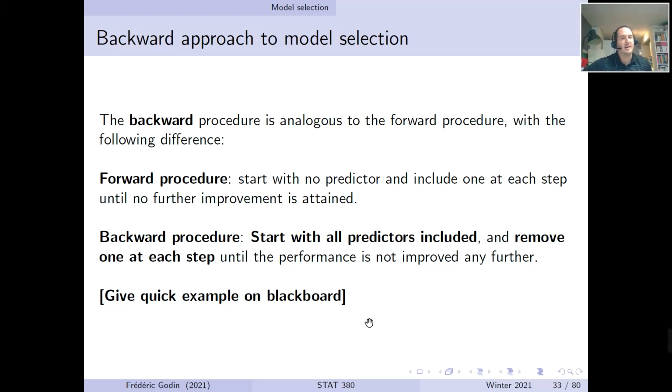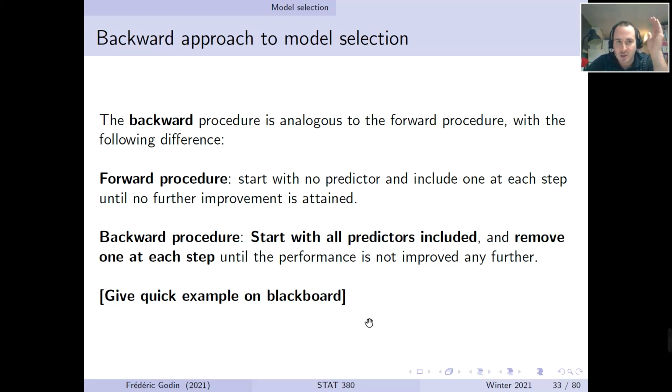But the basic idea is, at the first step, you calculate the performance with all predictors in. In the second step, you calculate the performance of all models which have all predictors in except one. So the first model would be all predictors except the first one, the second model would be all predictors except the second one, etc. Then you compare the performance of your original model with p parameters to the performance of all possible models with p minus 1 parameters, and if it improves performance to remove a parameter, then you drop it.